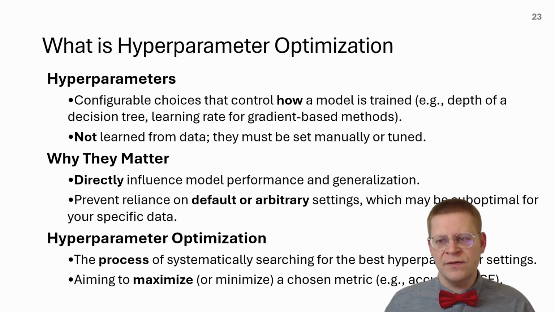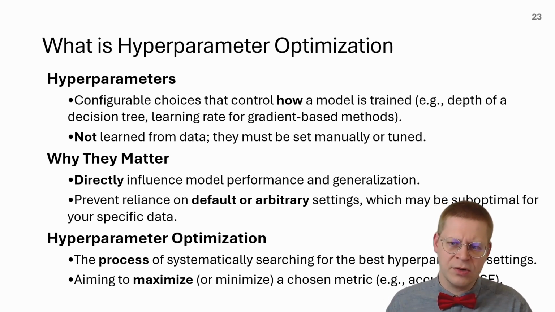Relying on defaults may not align with your data or objectives. That is why we use hyperparameter optimization, like GridSearch, RandomSearch, or Bayesian Optimization, to systematically try out different configurations and find the settings that best maximize accuracy or minimize error or give you the best metric.